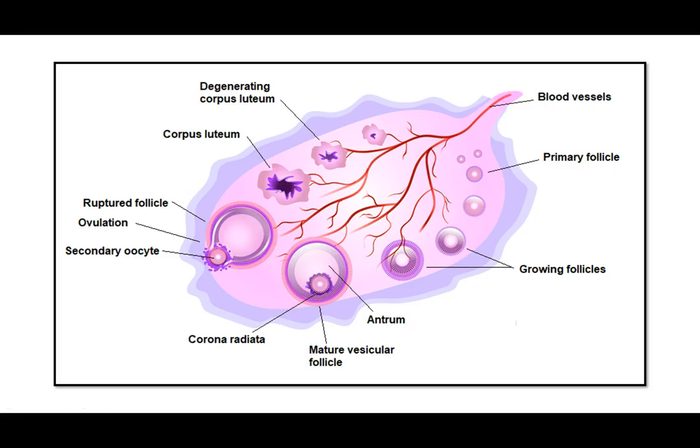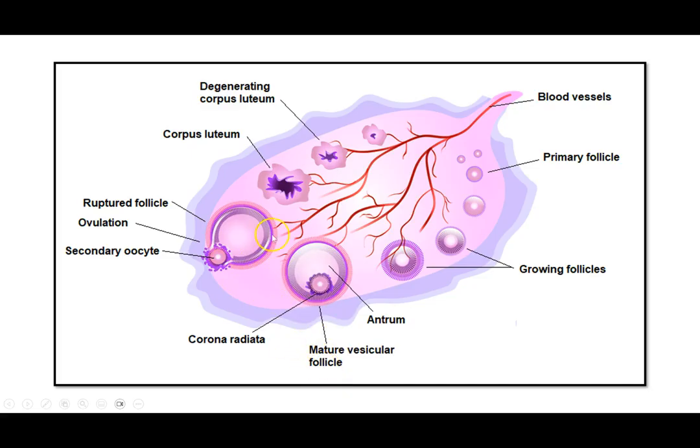Here's another way of looking at this. This is the entire ovary as a whole. Here's our primary follicle right there. Those cells, again, will grow. Here are our growing follicles with the different cells, the granulosa cells and theca cells. We get into this stage with the mature vesicular follicle.